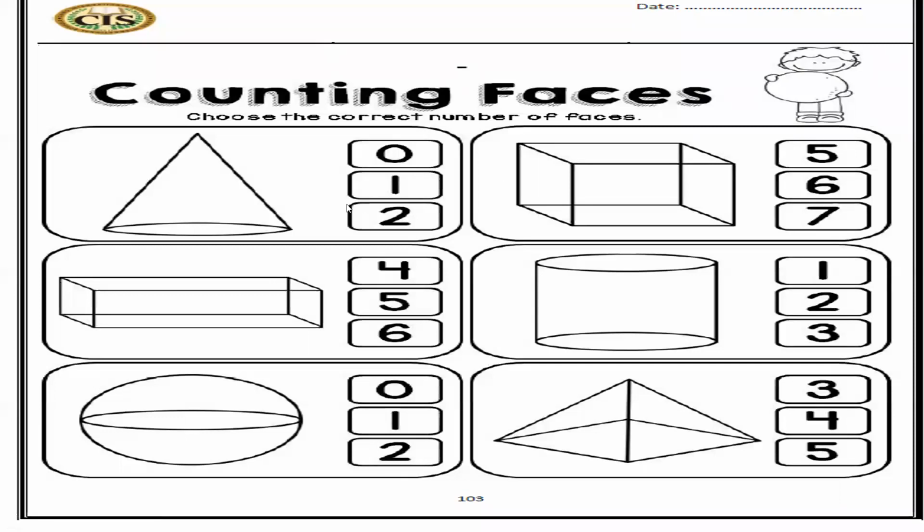Now let's count the faces. We want to count the faces for each shape. First shape, its name is cone. Excellent, Yemen. Lana, how many faces in the cone? One face, circular base.